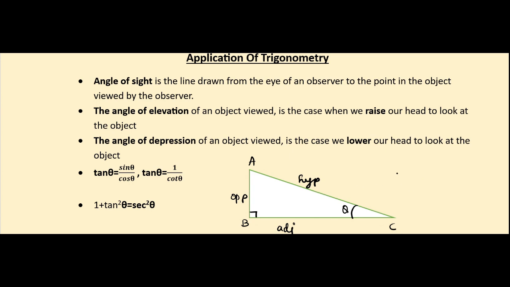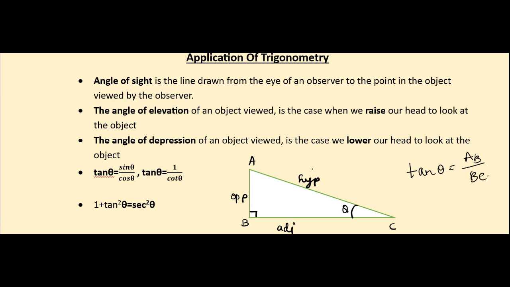So how can we write tan theta for this right angle triangle ABC? Tan theta is equal to the opposite side, AB, divided by the adjacent side, BC.